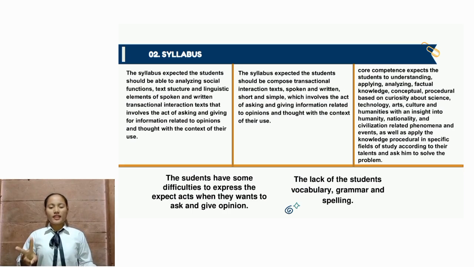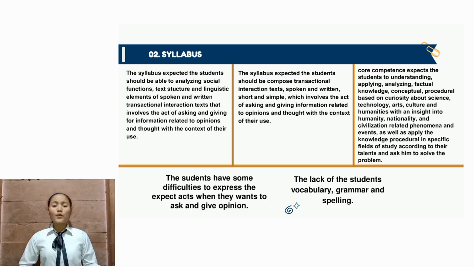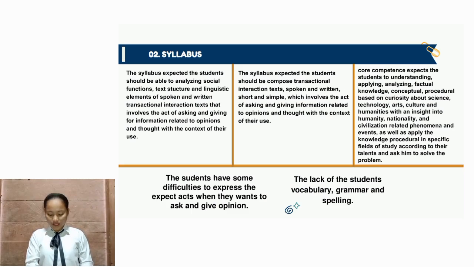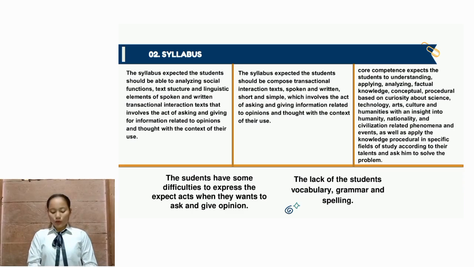The second is that the students should be able to compose transactional interaction texts, spoken and written, short and simple, which involve the act of asking and giving information related to opinions, within the context of their use.